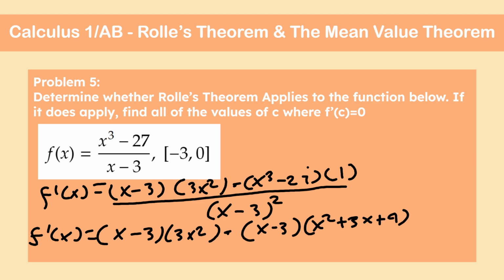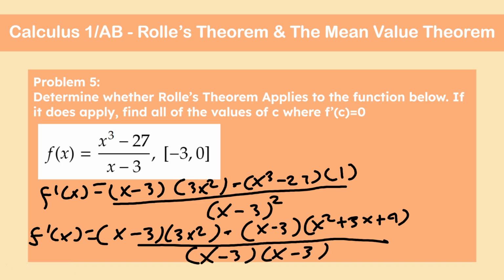This is using the same opposite, something always positive formula, which can be used to factor out a difference of cubes or sum of cubes. So this is just a sum of cubes formula. And I'm going to divide by (x - 3) multiplied by (x - 3).